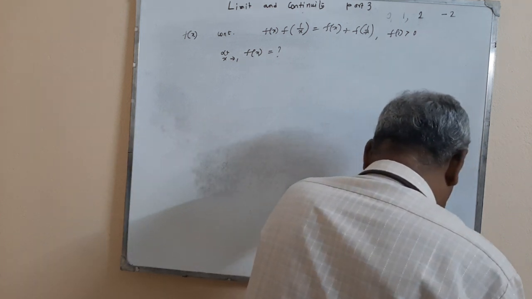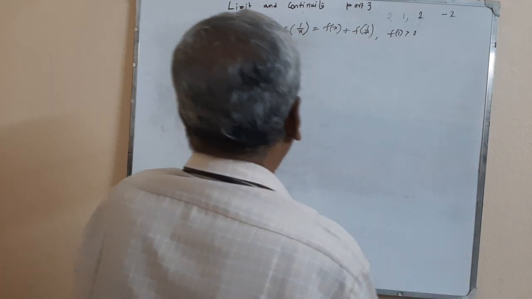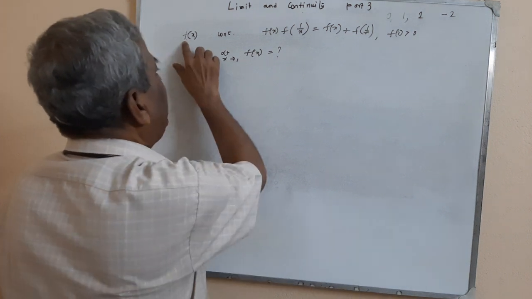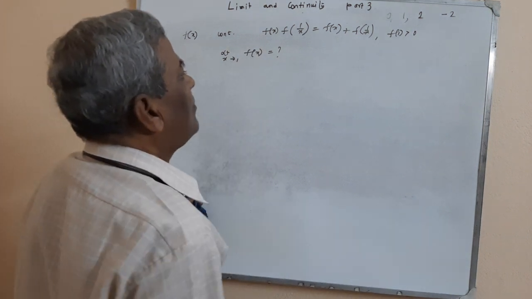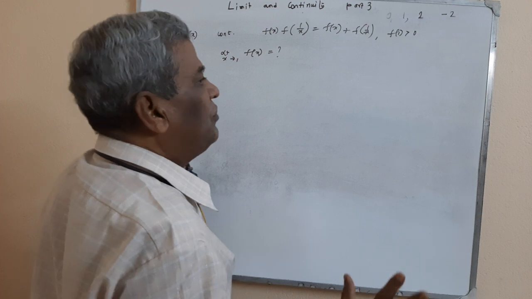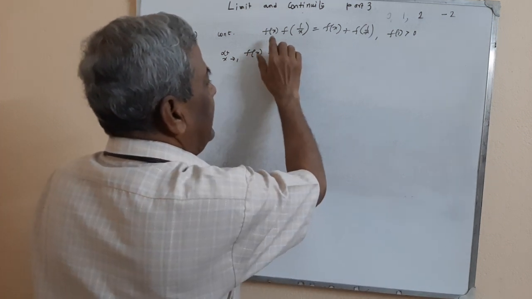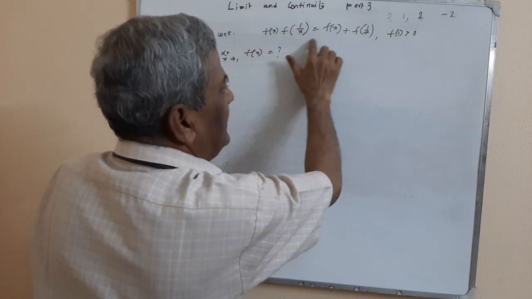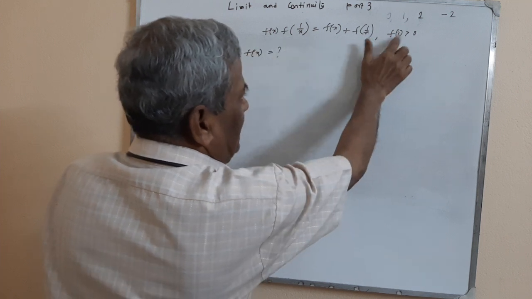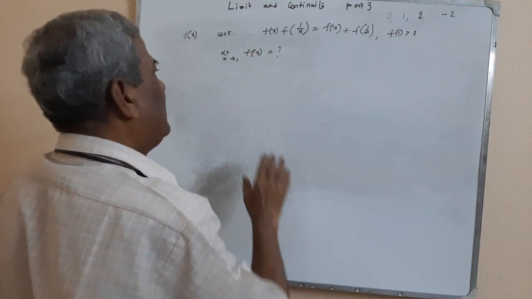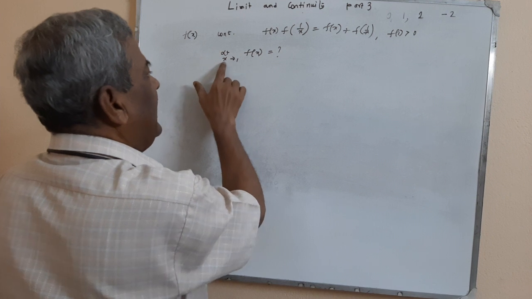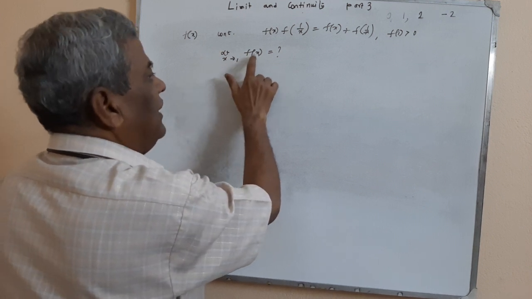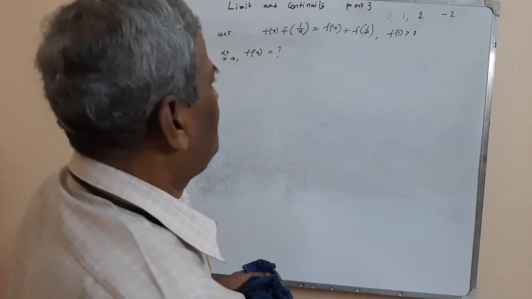The problem is that f(x) is a continuous function, continuous everywhere, and a relation between f(x) and f of 1 by x is given, and f(1) is positive. In that case, limit x tending to 1 f(x), how much?